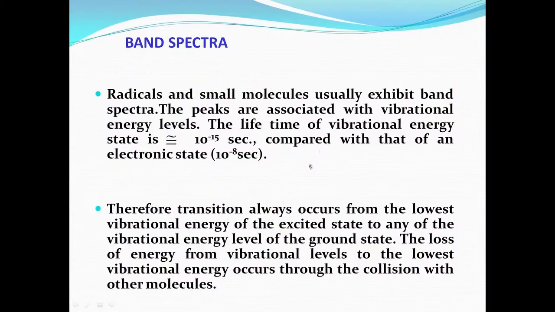A Gaussian curve is typically characterized by a peak which falls uniformly on both sides. Whenever I plot the energy and excitation process, the band spectra will give me a Gaussian curve. Not necessarily all the time, but 99% of the time you will see a Gaussian curve in band spectra. These are all associated with the vibrational energy levels, not the electronic energy levels.